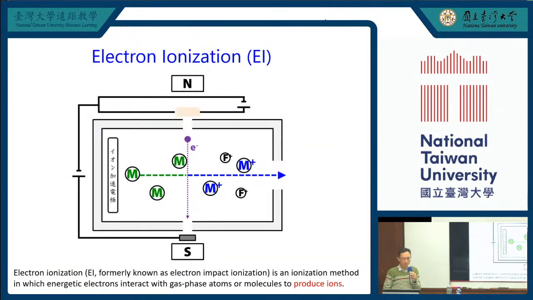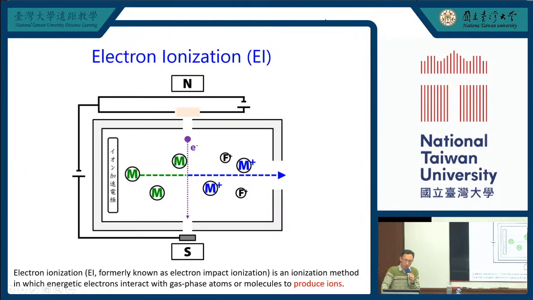This one is EI. EI is electron impact, an ionization in which energetic electrons interact with gas phase atoms or molecules to produce ions. The electrons produced here generally have 70 electron volts. So here is the electron, and your analyte or target compound is this one.